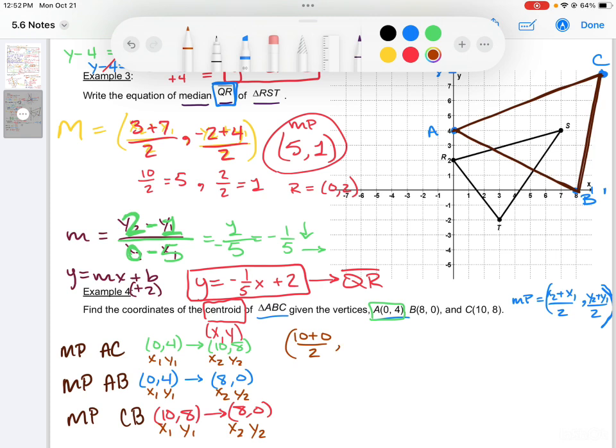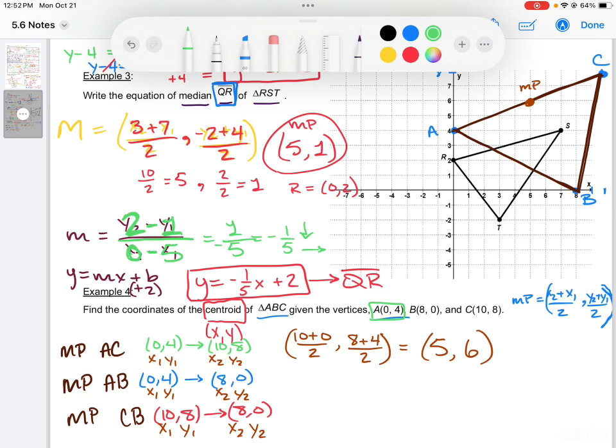So 10 plus 0 over 2, comma, 8 plus 4 over 2. When I simplify those fractions, 10 plus nothing is 10, divided by 2 is 5. 8 plus 4 is 12, divided by 2 is 6. So the midpoint of A to C is at 5, 6.